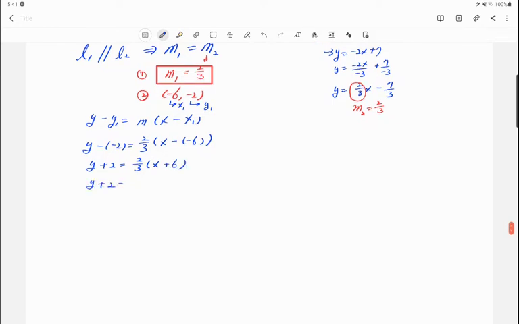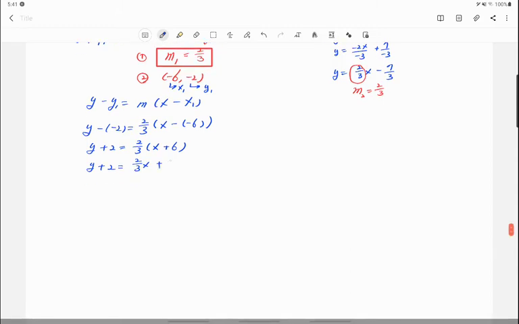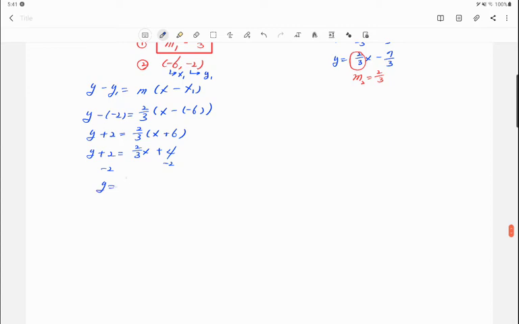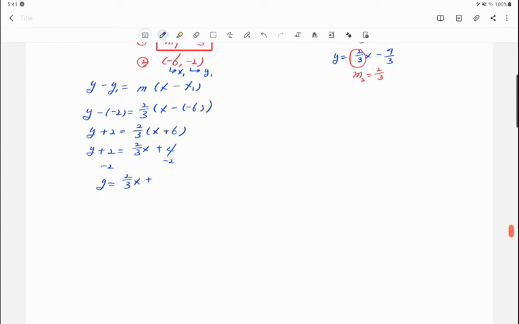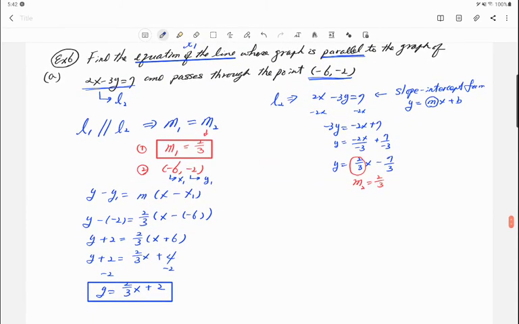So y plus 2 equals, now distribute, 6 over 3 is 2, so it is 4. Then minus 2 each side, so y equals 2/3 x plus 2. This is the equation that satisfies the information: this line is parallel to the given equation, and it passes through the point negative 6 and negative 2.